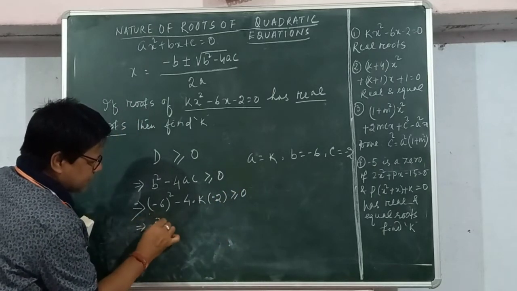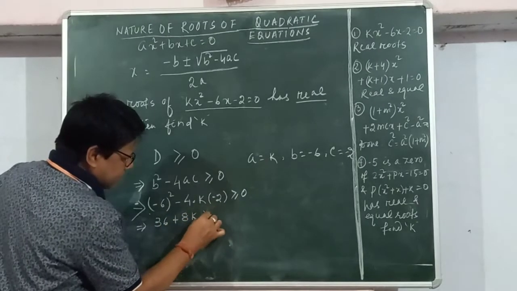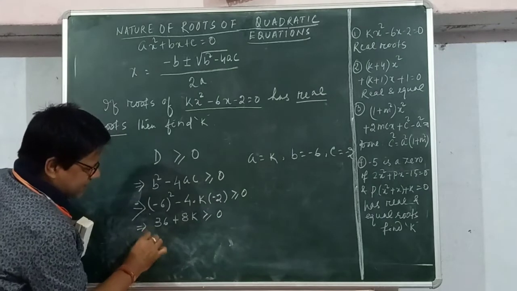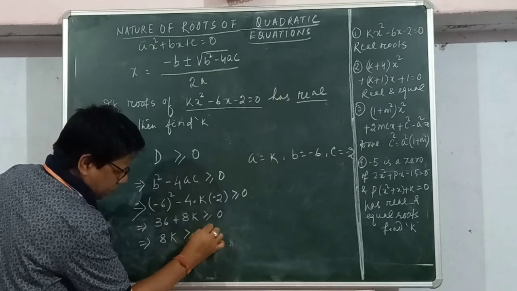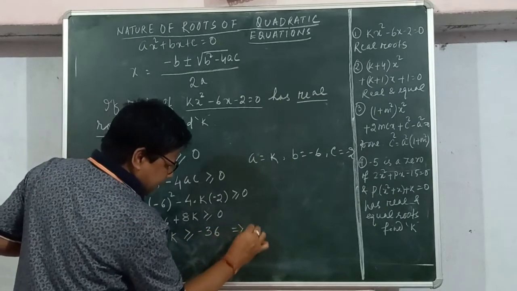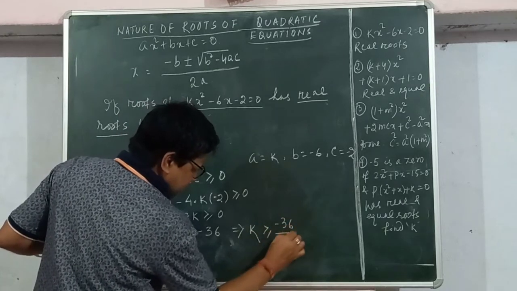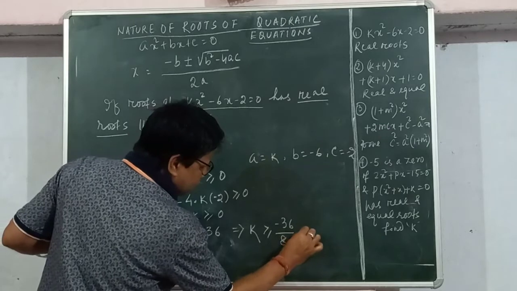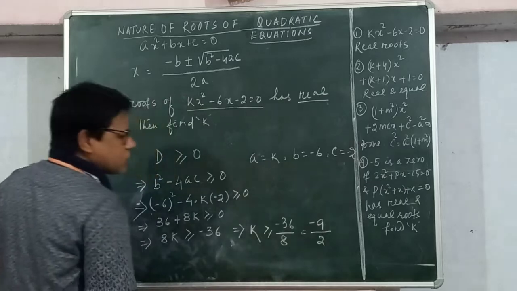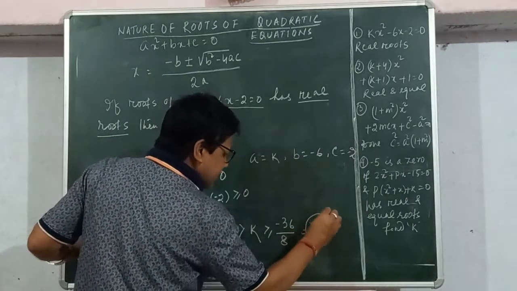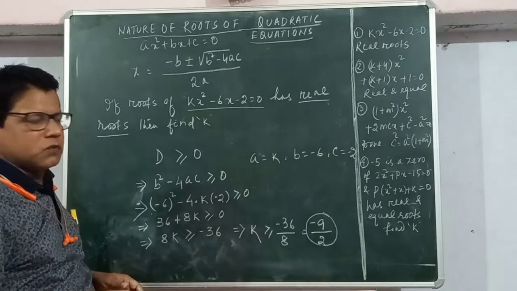This implies 36 plus 8k is greater than or equal to 0. This implies 8k is greater than or equal to minus 36. This implies k is greater than or equal to minus 36 by 8, that is equal to minus 9 by 2. So this is the required value of k: k is greater than or equal to minus 9 by 2.